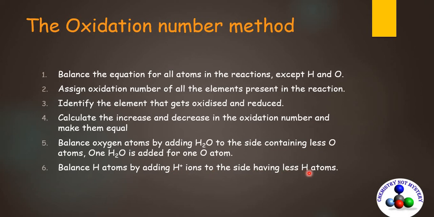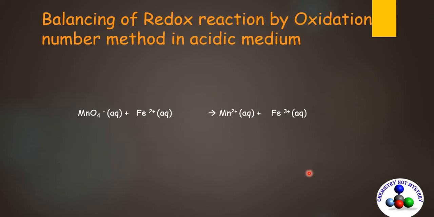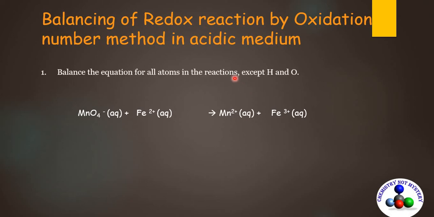Let's see how to balance a redox reaction by oxidation number method in acidic medium. Here the equation given is MnO4⁻ + Fe²⁺ gives Mn²⁺ + Fe³⁺. First step is to balance the equation for all atoms in the reaction except hydrogen and oxygen. So here Mn and Fe both are balanced.